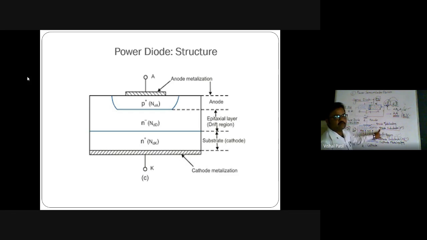So the layers are: P plus heavily doped anode substrate, N minus lightly doped cathode substrate in the drift region, and then N plus heavily doped cathode substrate. These are the layers of the power diode structure.